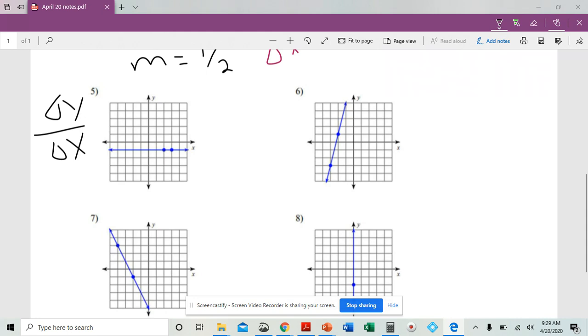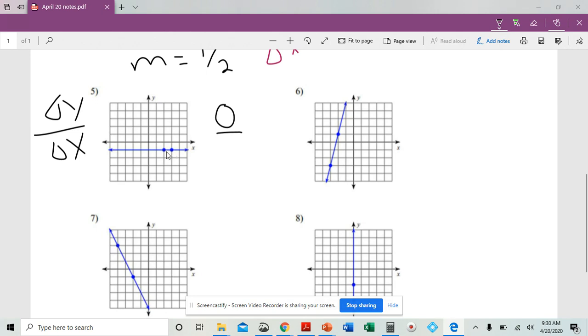So first we're going to see how far do we go up and down from one point to the next point. So let's start over here. From this point right here to this point, how far do we move up and down? We don't move any, it's 0. How far then is our change in x? Do we move side to side, our run?